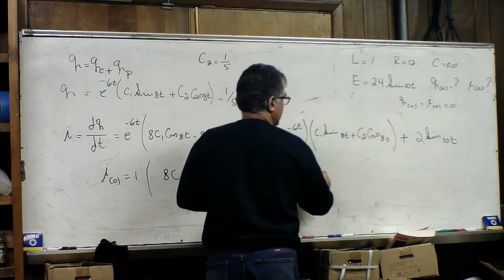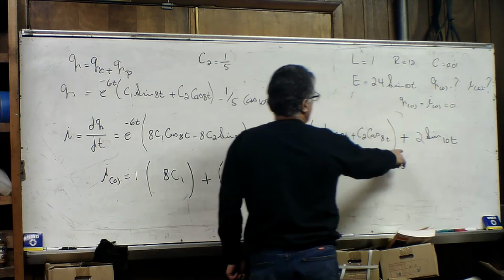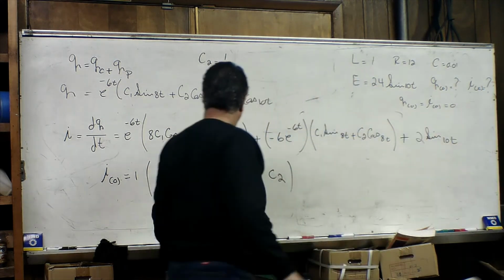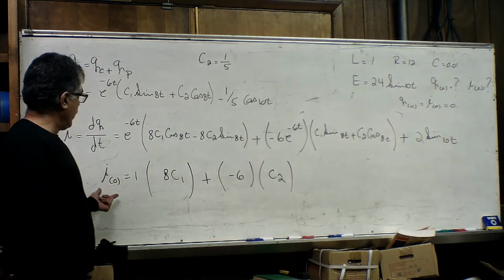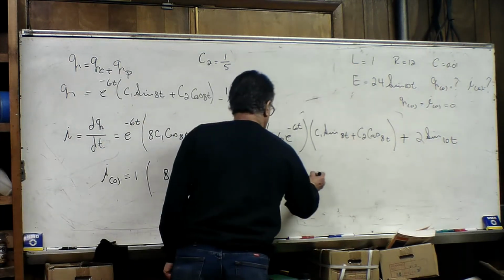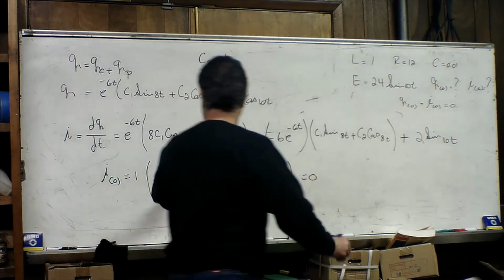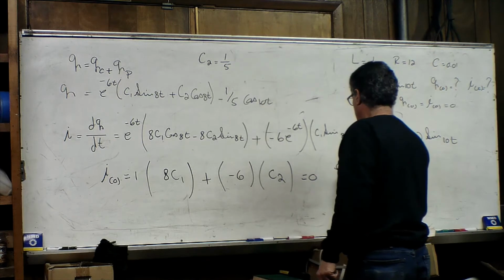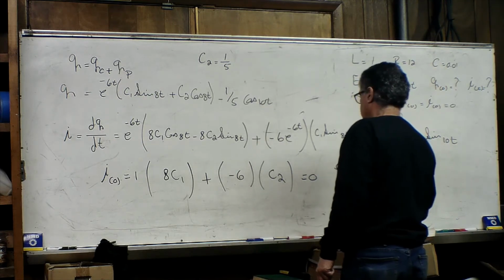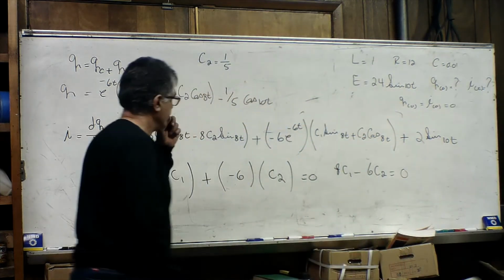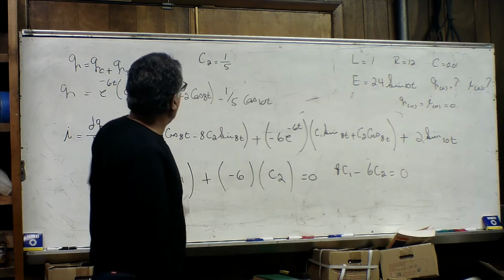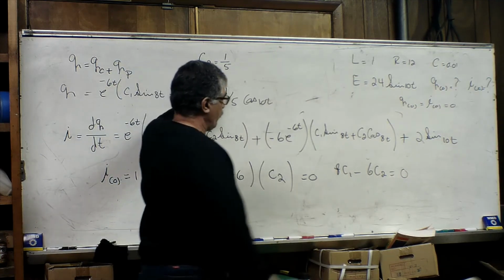Then plus, at time 0, sine of 0 will be 0. So this will be our initial current, which is equal to 0. So we are going to have 8c1 minus 6c2 equal to 0. And we already found the value for C2, which is 1 over 5.